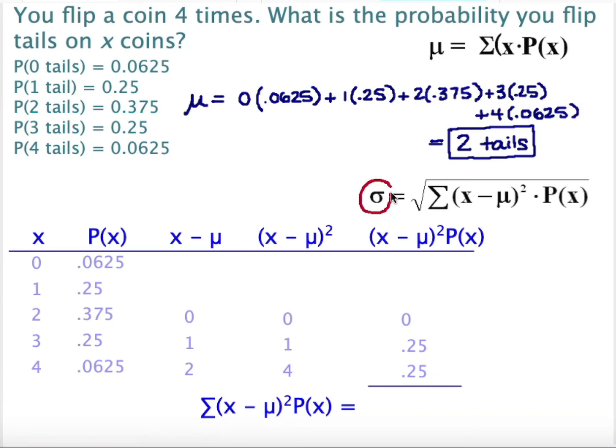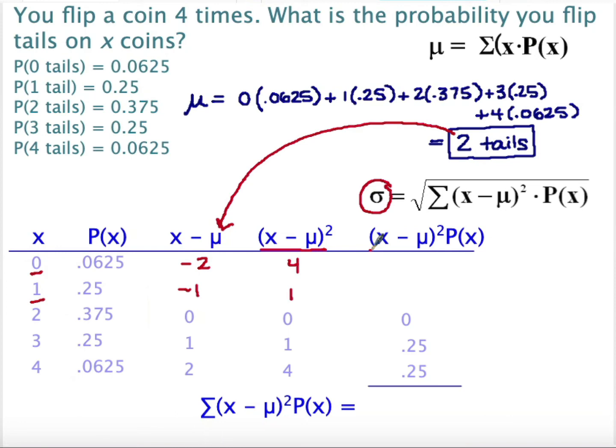And then for our standard deviation for our probability distribution, we're going to use this old familiar looking table I've already got set up with our random variables and their corresponding probabilities. We're going to need to use the fact that mu was 2. So each of these I'm going to take x minus 2. And then for the next column, I take that number and square it.